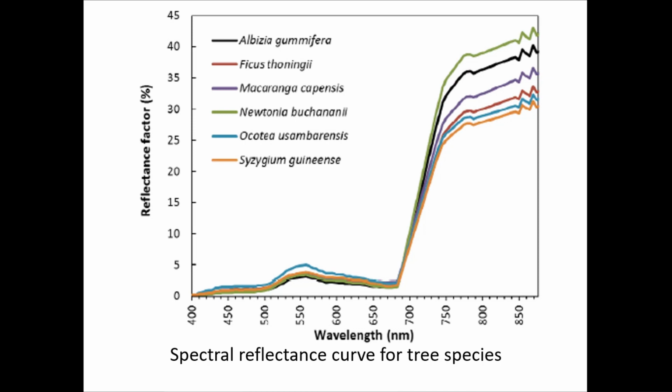For example, as you see in this graph, for identifying different plant species, you are looking at a sensor which senses something above 750 nanometer wavelength. You can see that the reflectance is largely varying for the same feature but different species.